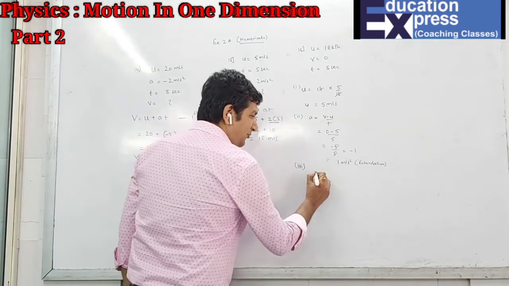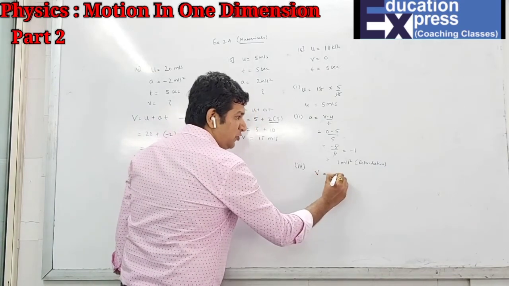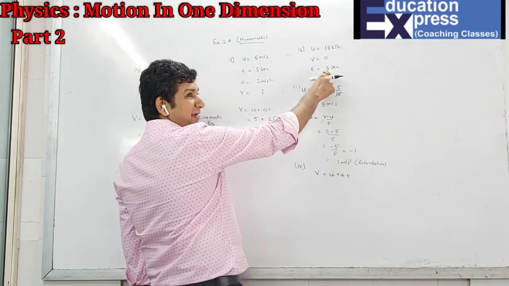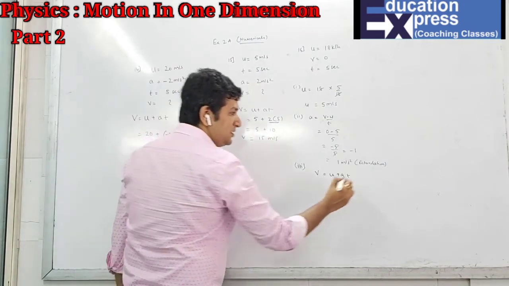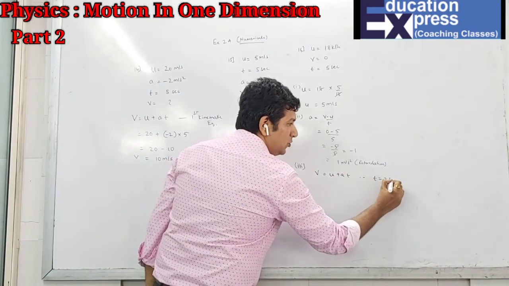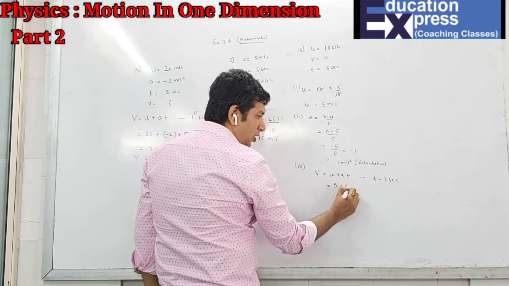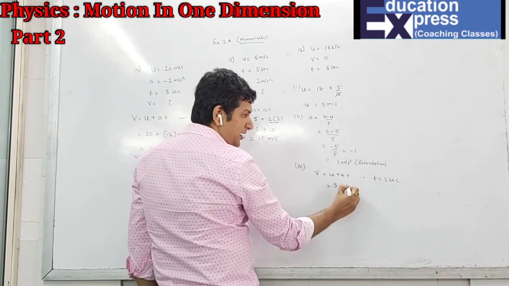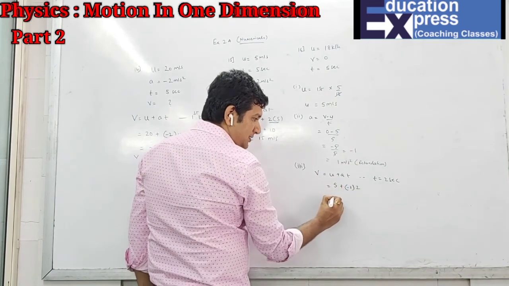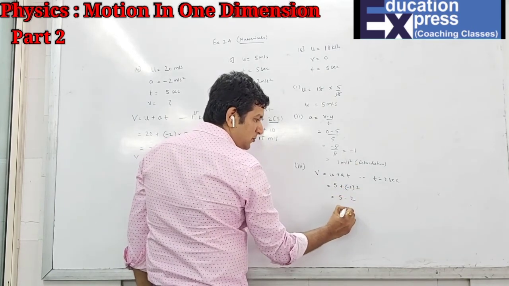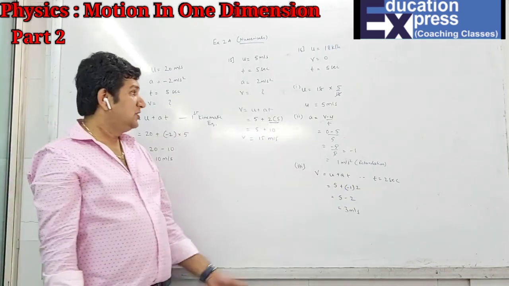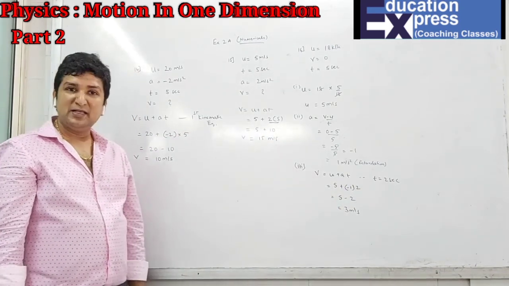That means you have to find the final velocity, which is u plus at, not after 5 seconds but after 2 seconds. That means here the time is 2 seconds. Same thing, u is how much? 5. Your acceleration is retardation, that is minus 1 and time is 2 seconds. So 5 minus 2, 3 meter per second. So this is the end of the exercise A.